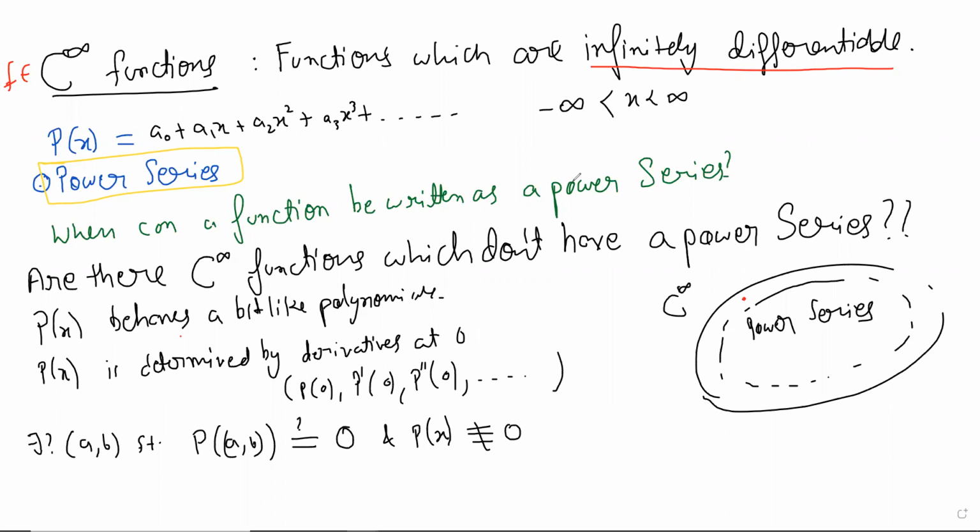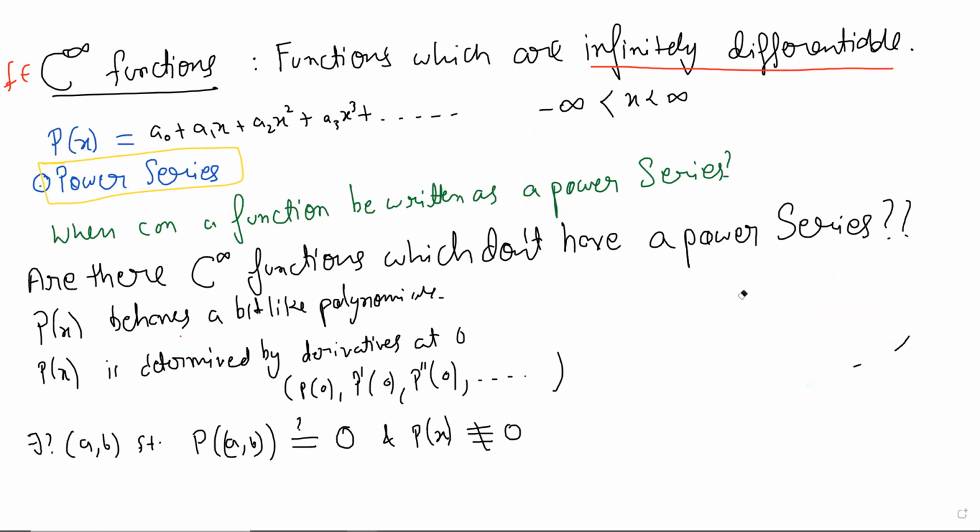Okay. So let's see. Is it possible that a power series is zero on an interval, but then non-zero outside? So there is an interval on which it is zero, but then it is not zero outside that interval.